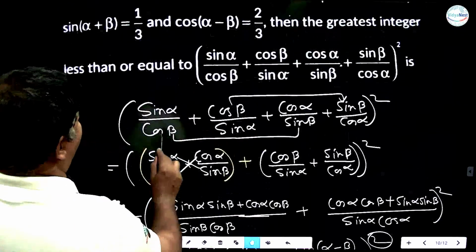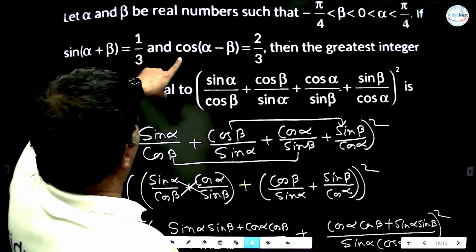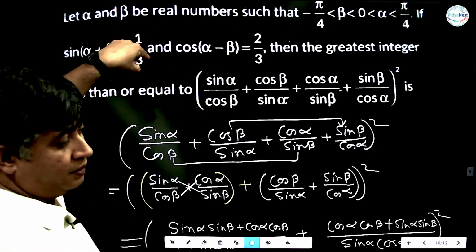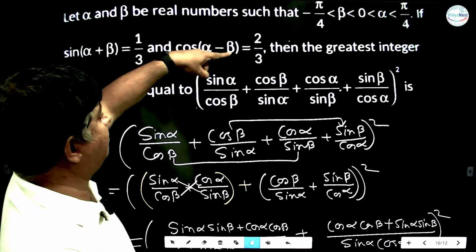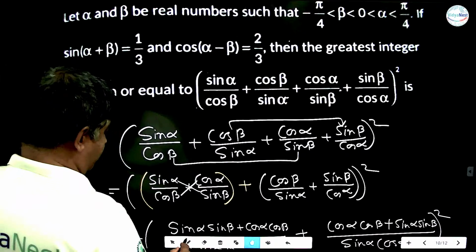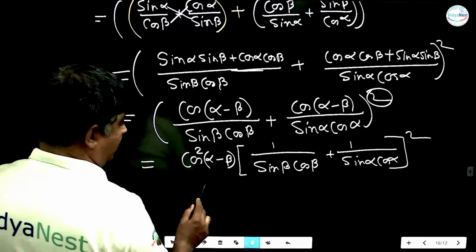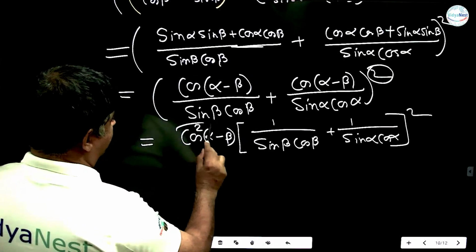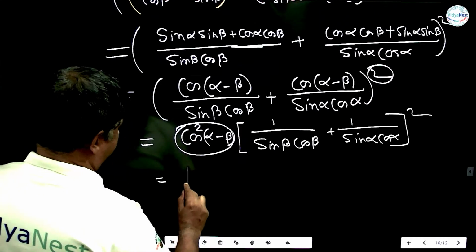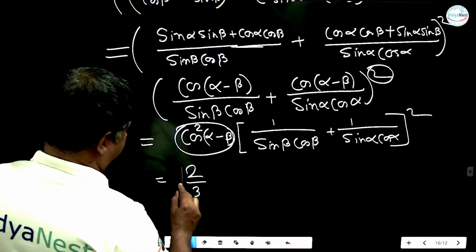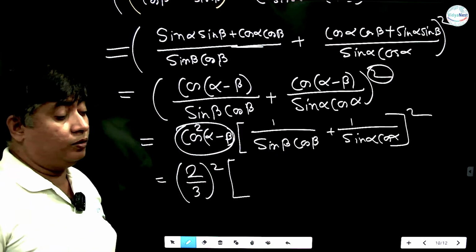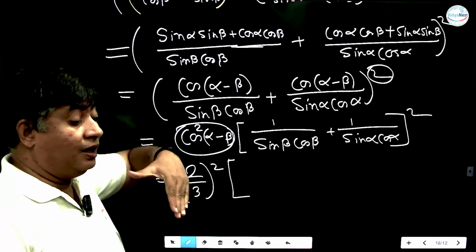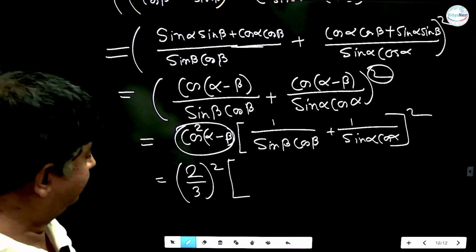Cos square alpha minus beta, yes, there is a semblance of simplification. Cos alpha minus beta is given, so cos alpha minus beta 2 by 3 you put. So one step, one layer of simplification is done.